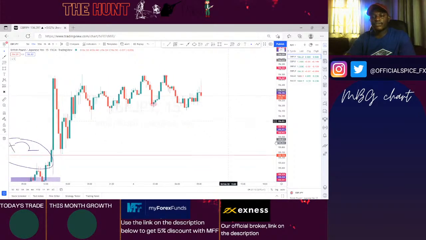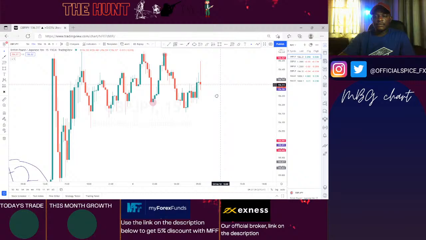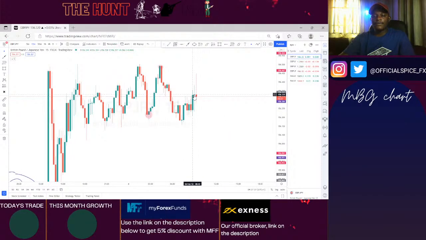If this candle holds, then this inverted head and shoulder, or inverse, whatever you call it, will be invalidated. But for now, as long as the price still trades above this point here, the head and shoulder is still strong, still valid.